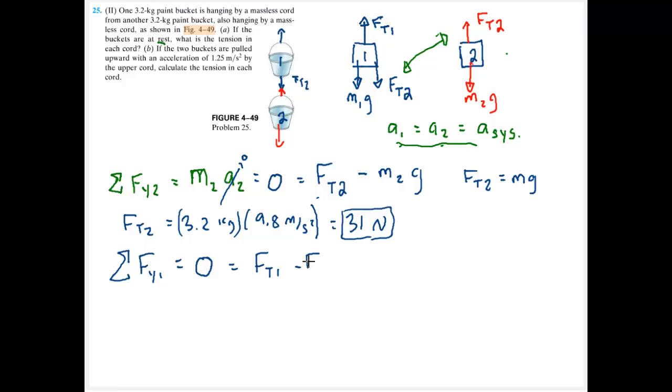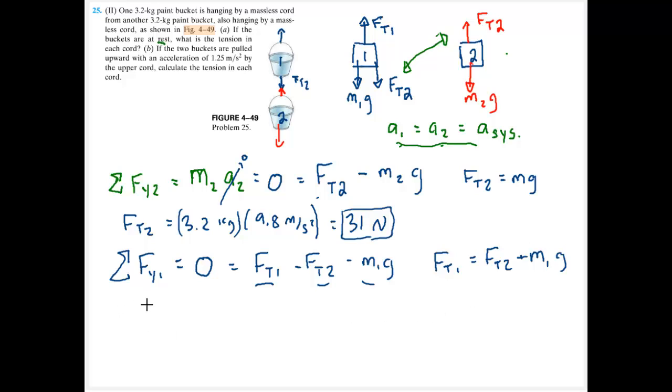I'm going to have the force of tension number 2 downwards, and the mass times gravity also in the downwards direction. Now I'm solving for force of tension number 1, so I'm going to add those two to both sides, and I'm going to write force of tension number 1 is equal to the force of tension number 2 plus the mass 1 multiplied by gravity.